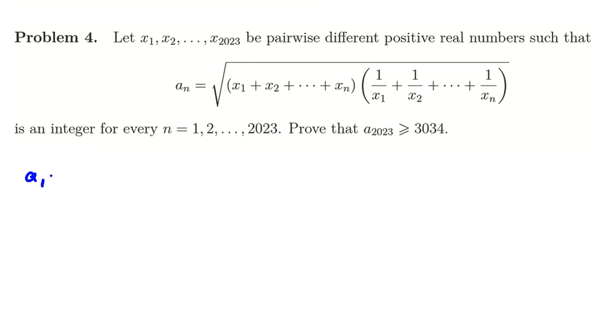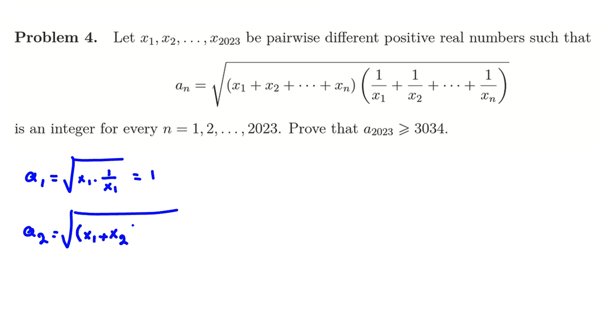A1 is what? The square root of x1 times 1 over x1, which is 1. A2 is what? It is the square root of (x1 plus x2) times (1 over x1 plus 1 over x2). And the problem says the an are integers, okay?